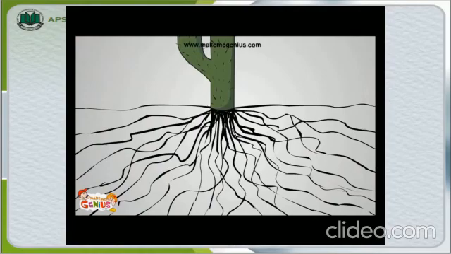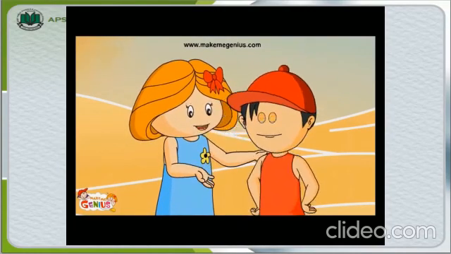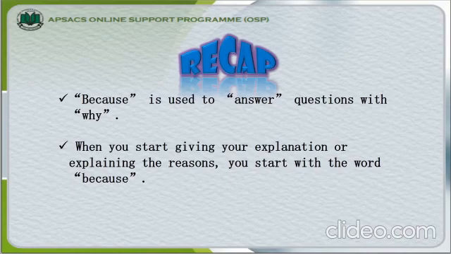It has very long roots to collect water from a large area. Now we have understood plants of dry areas. We have also learned that because is used to answer questions with why. When you start giving your explanation or explaining the reasons, you start with the word because.